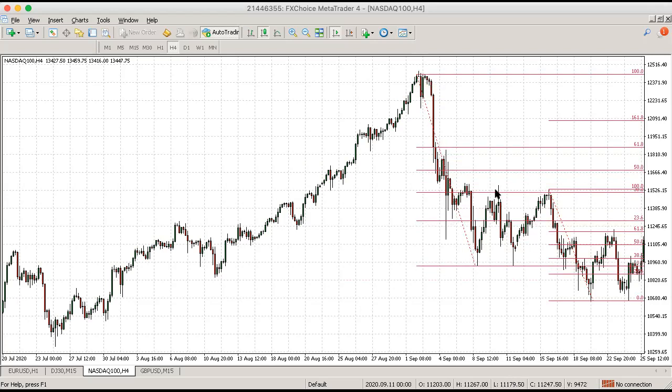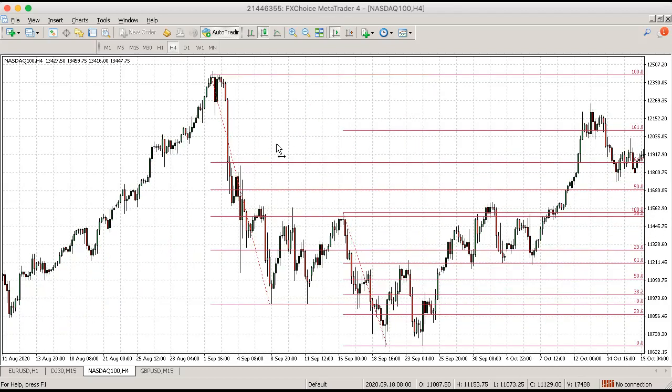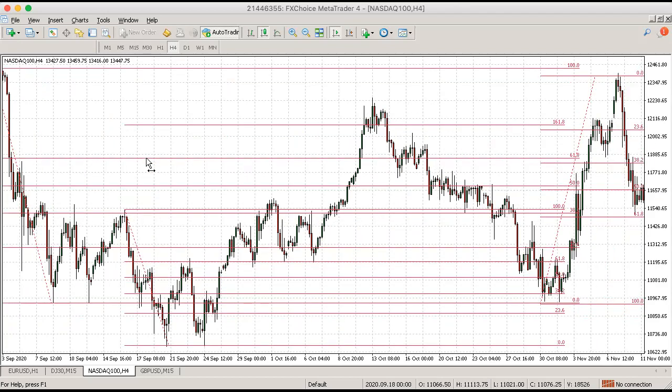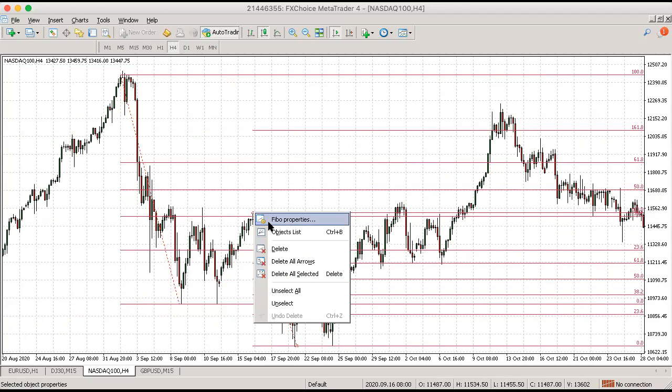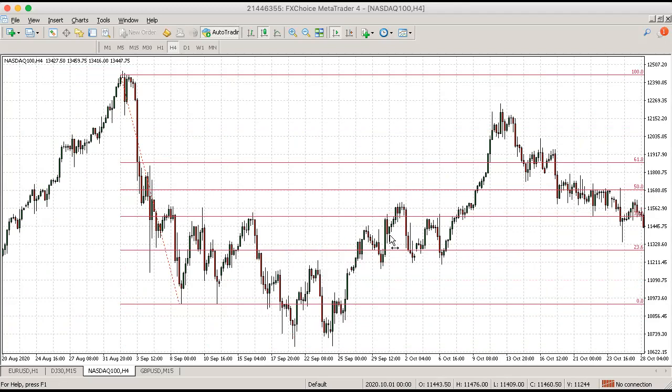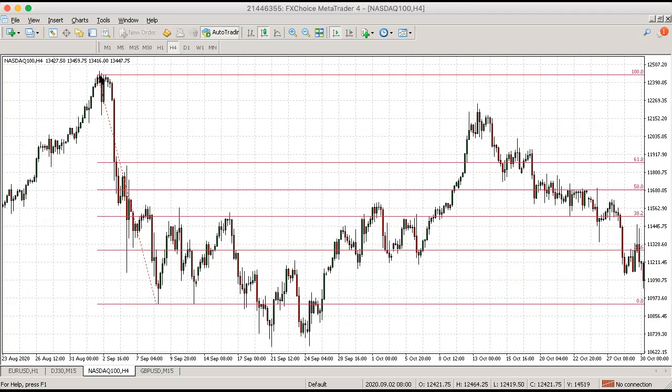It came back and retraced on the 38.2% level. Okay, I think maybe you might be confused. I've actually put a lot of Fibonaccis here, so let me delete this one so that you can actually see what I mean. We have a high here, a low here. It retraced back to the 38.2% level and then it fell. To precisely mark this point, we can also do this.